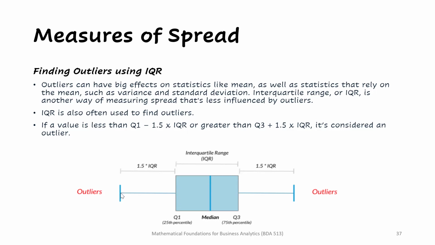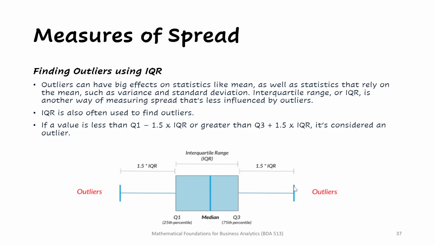If you want the upper whisker, between Q3 on the right-hand side and the maximum number, it is again 1.5 times the interquartile range. Whatever figure you get, add it to Q3. That will give you the maximum number.